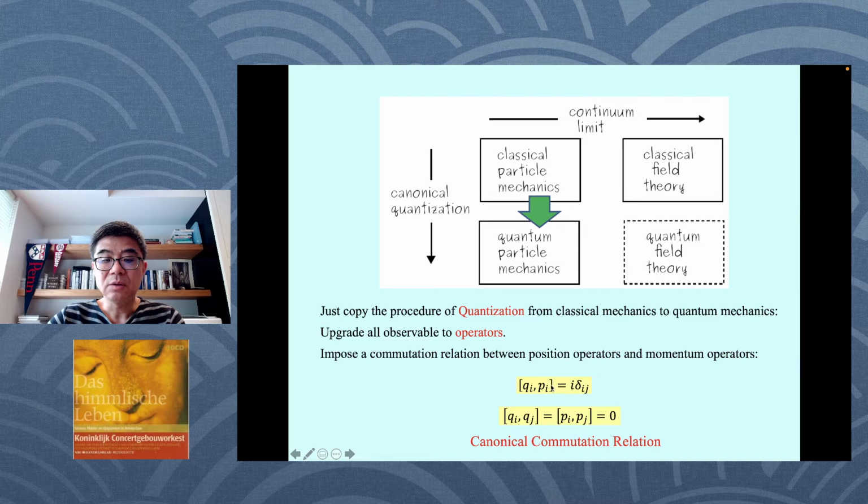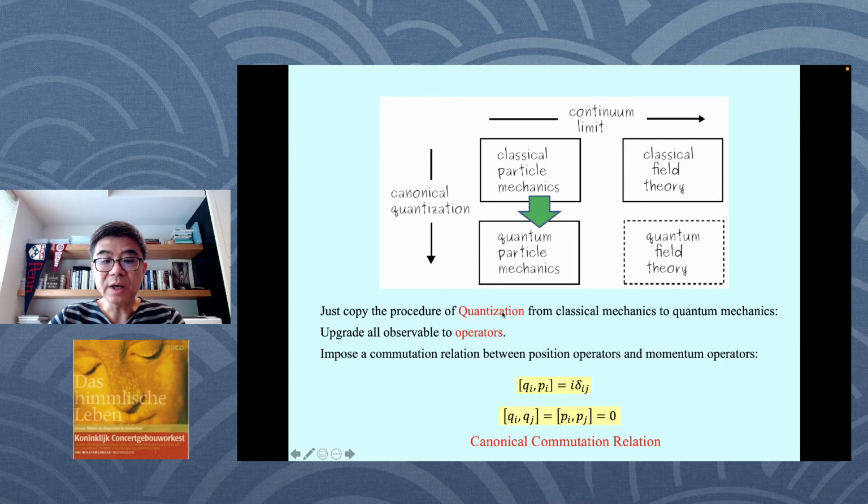In classical particle physics, because these observables are observable, they are numbers. However, we learn in quantum mechanics that in the microscopic world, they could not be just numbers. They need to be upgraded into operators.